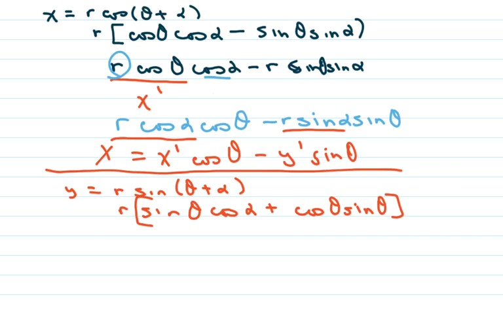Multiplying through and putting my alphas first, it's R cosine of alpha sine of theta plus R sine of alpha cosine of theta.